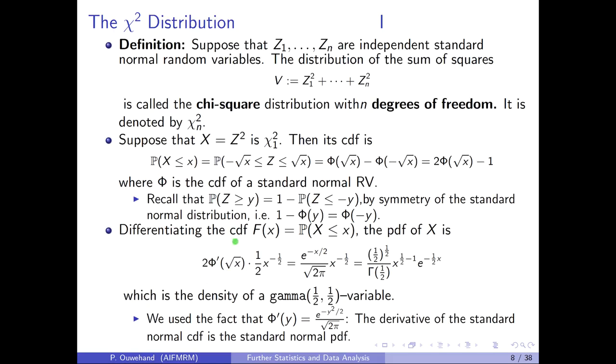Here we just use the chain rule to differentiate this expression over here. Now the derivative of phi, that's the derivative of the cumulative distribution of a normal random variable, is just the density of a normal random variable.